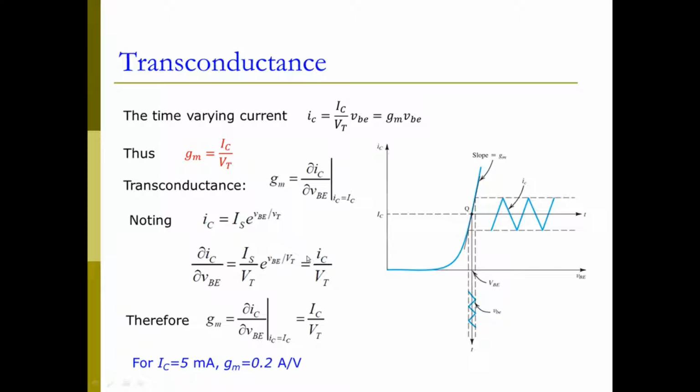So apparently the transconductance gm can be calculated by the DC collector current divided by our thermal voltage. For example, for IC equals 5 milliamps, usually we can get gm equals 0.2 amps per volt. But remember, the unit of gm is amps per volt, because this is the current and this is our voltage.